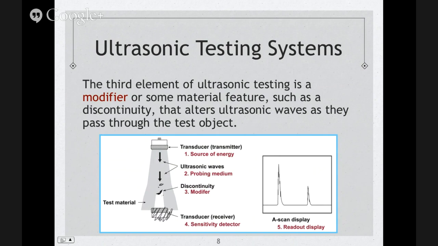So forget about this. We're going to have a difference in material impedance. And impedance is the density times the velocity. That's how we find the impedance of a material.